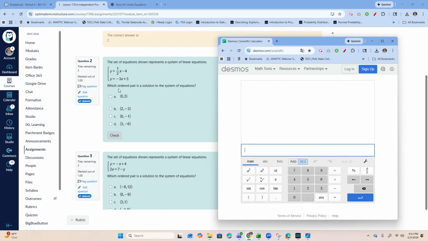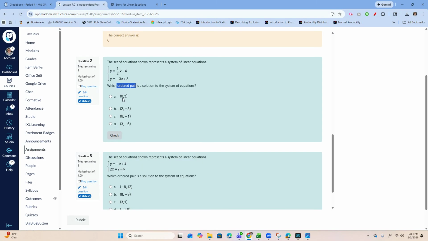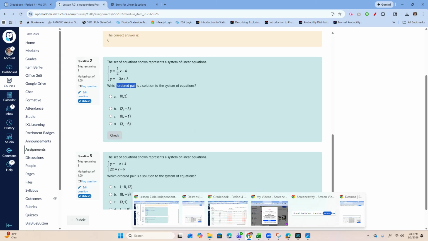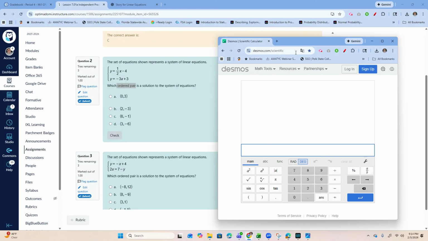equations, okay? And the idea is that we need to test if these pairs work in these two equations. Now, remember that in parentheses, this is called an ordered pair. That's the name of these pairs of numbers. The first number is X, the second number is Y. So I'm going to start replacing.